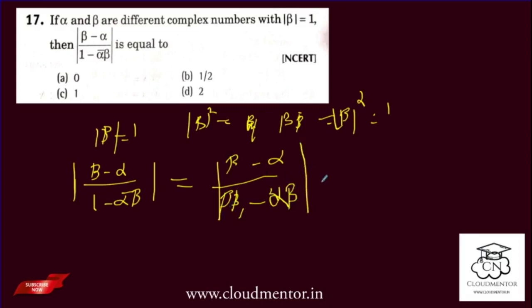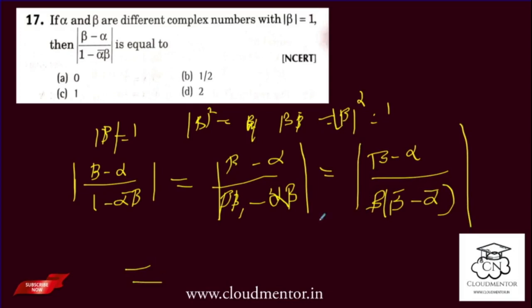Taking beta common, we get beta times (beta bar minus alpha bar), and the whole modulus.